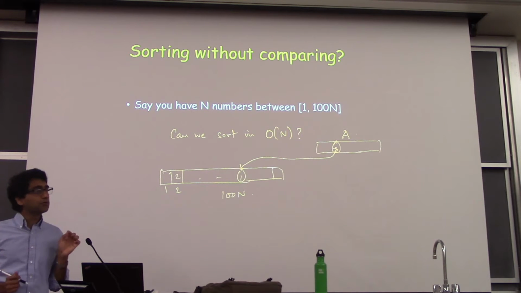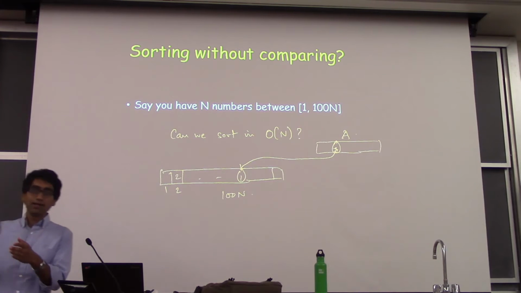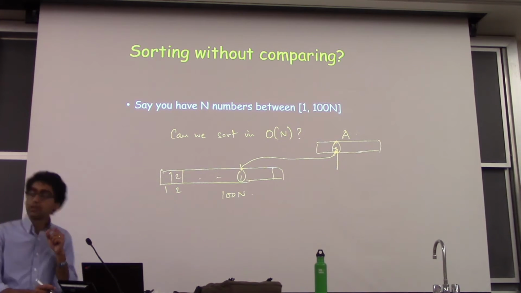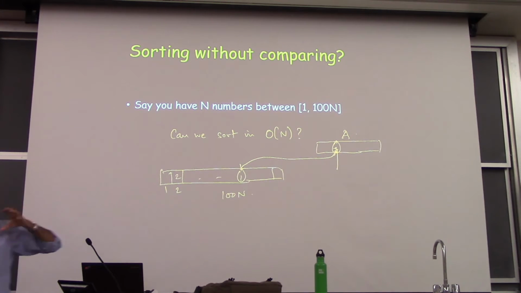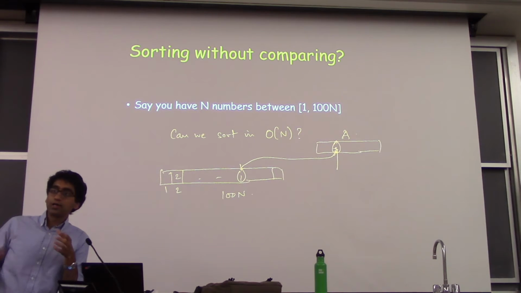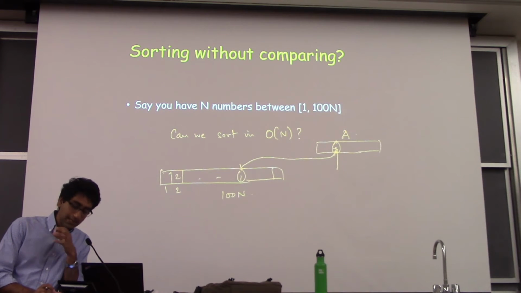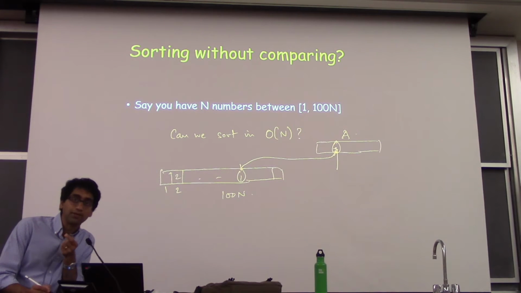But note that what we are doing here is not comparisons, right, because we are actually looking at the values of what is there in this element. Okay? So we are looking at the original array and we are doing something numerical with the numbers. And what we want to consider here is algorithms that are not allowed to do this. Okay? So what we want to say is the algorithm only has access to the data by using comparisons.